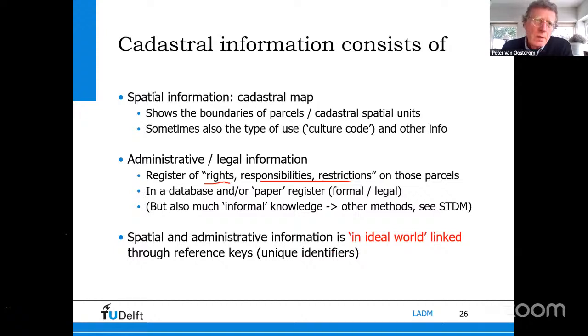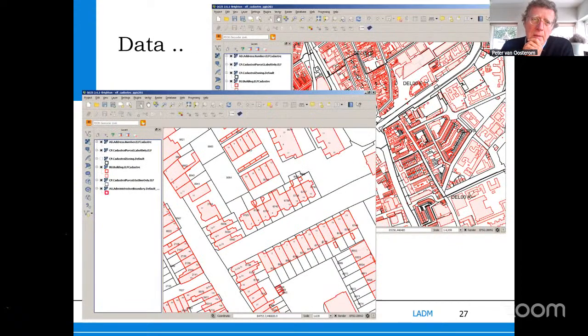And these 2 parts, the spatial and the legal part, they should be linked via unique identifiers. But that's easier when it's done by the same organization, same ministry, than when it's by multiple organizations, multiple ministries or municipalities. So the maps look typically like this.